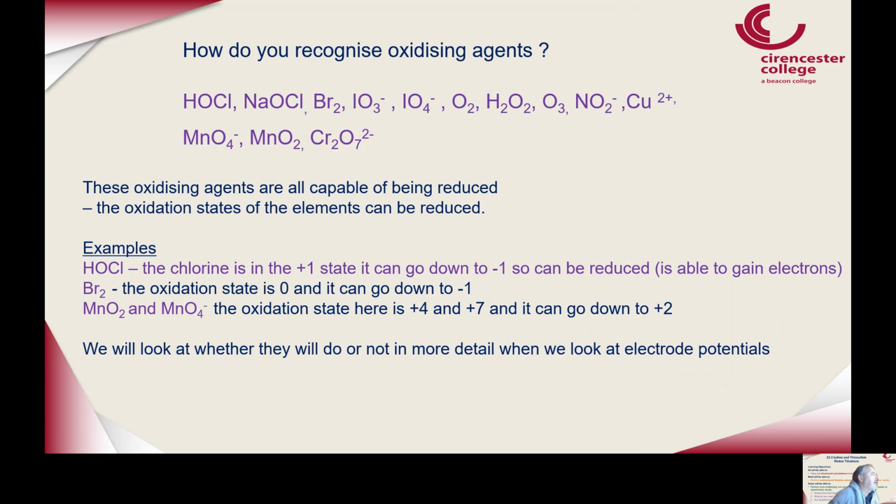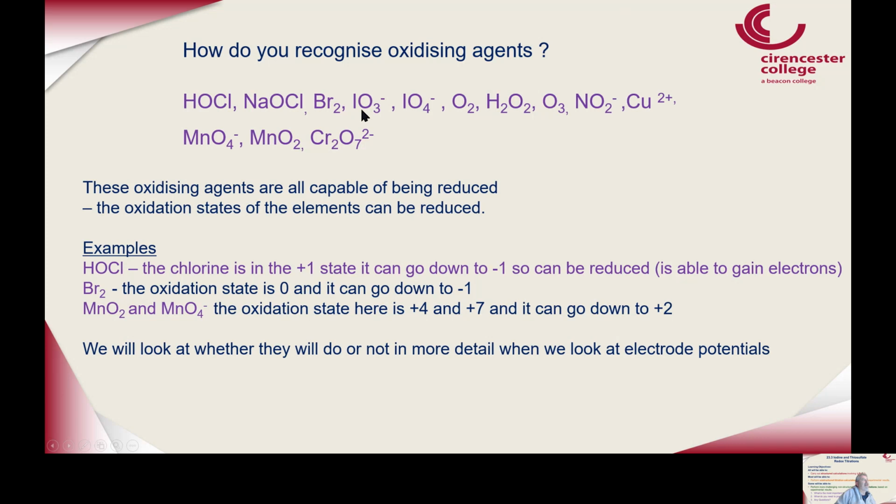So, how do you recognize them? They can all be reduced. If you think of something like the iodine here, the iodine is going to be +5, because oxygen is always -2 in its compounds apart from peroxides. So it's -2, 3 of them, so that makes -6.